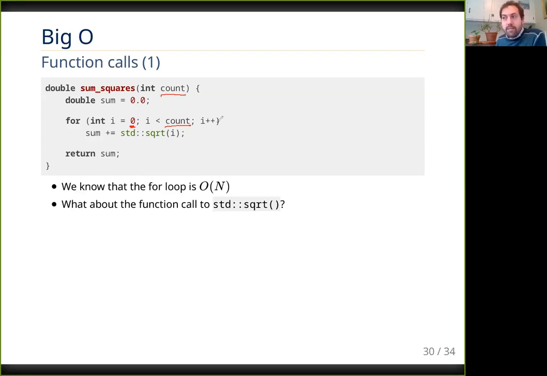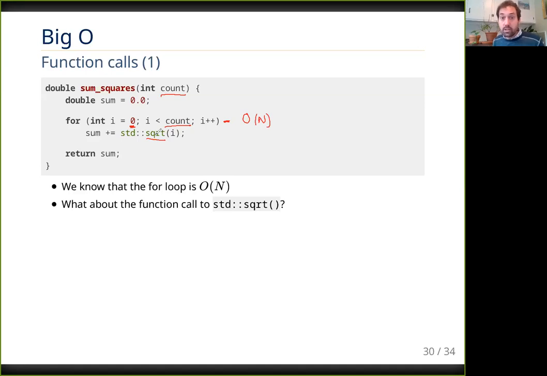Here we can pretty quickly determine we have one for loop which goes from 0 to a certain input which we get here. So that's typically O of n. Now, inside of this function, we call the square root function. And here it's actually pretty important that we know how this square function behaves. Because if this square function is also O of n, then it would multiply and we get like O of n squared.